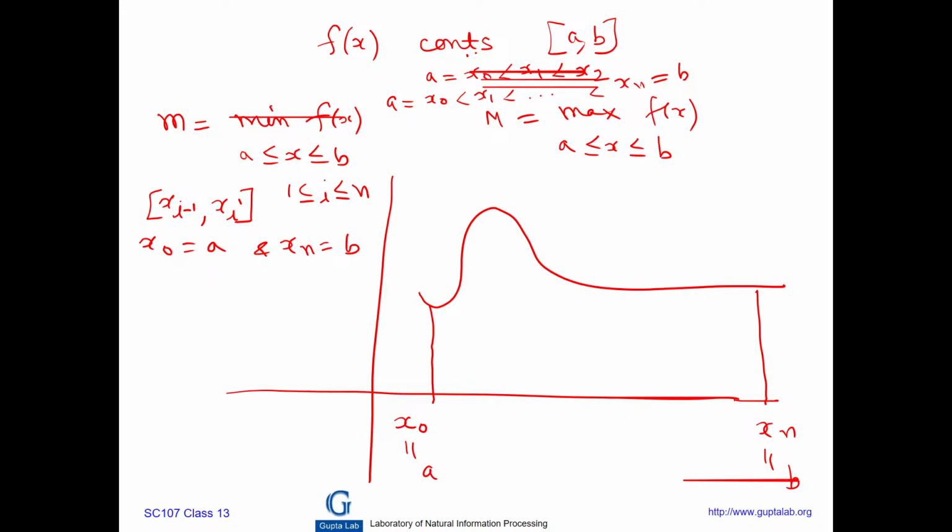Now you see there are two things, P, Q, S, and suppose this point is M. So here actually the curve is like this, so a strip looks like this.